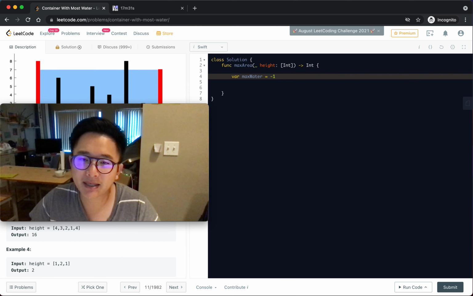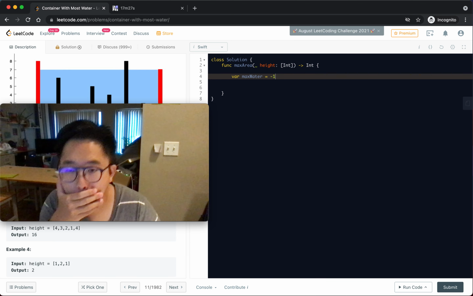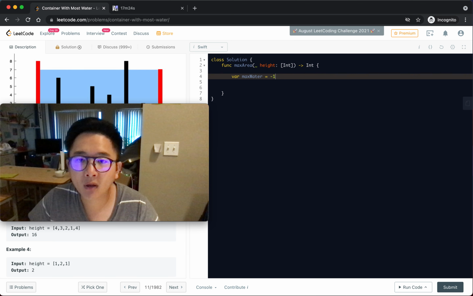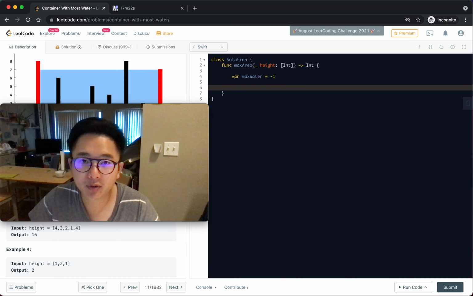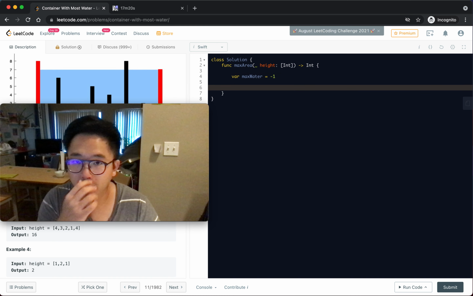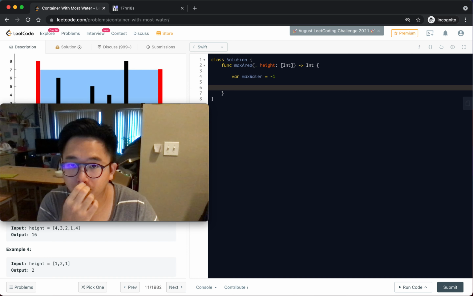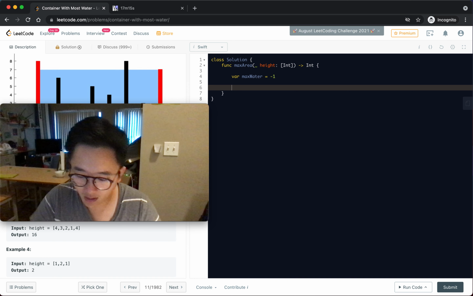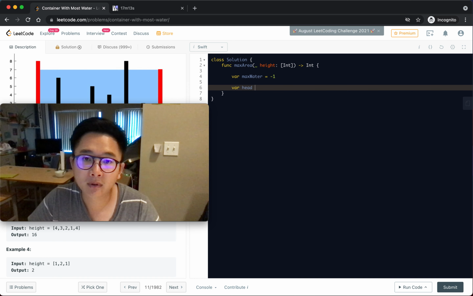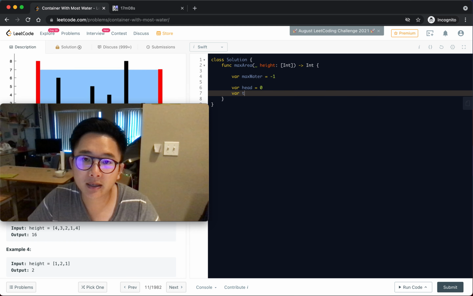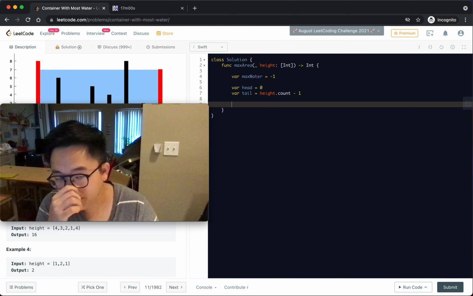It makes no difference because the Int consists of 4 bytes, or 8 bytes, depending on your computer. Anyway, so we have -1, and the head is going to be 0 and var tail is going to be height.count - 1.